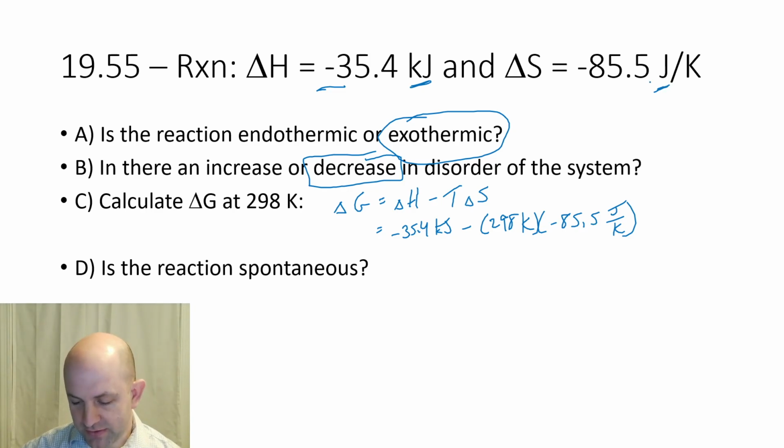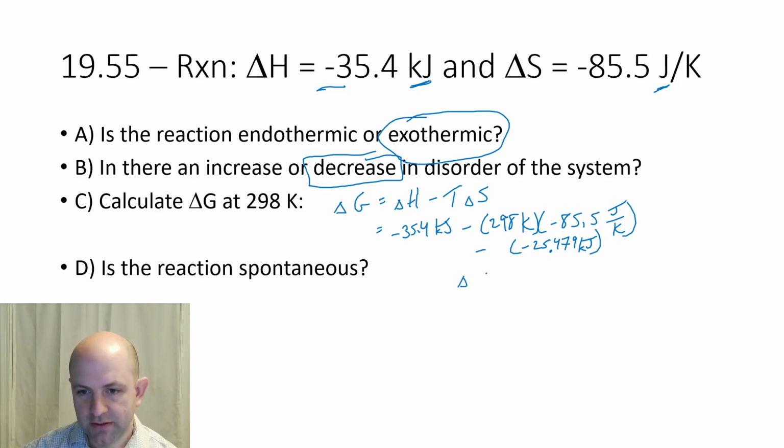So when you multiply this, you've got to make sure those units match up. Times 298, this term is negative 25,479 joules. But we've got to make it kilojoules to subtract, so we'll move that decimal 3 spots. Negative 25.479, but it's minus that.